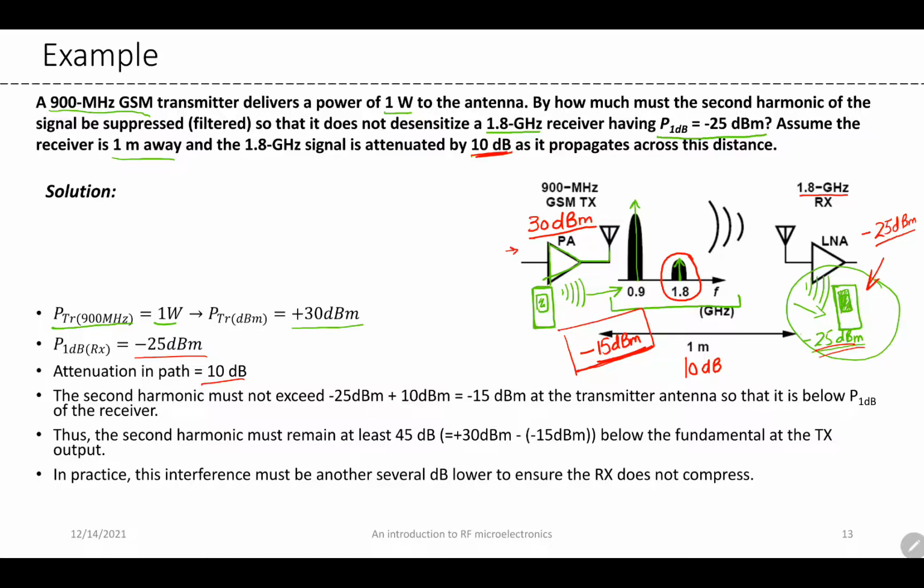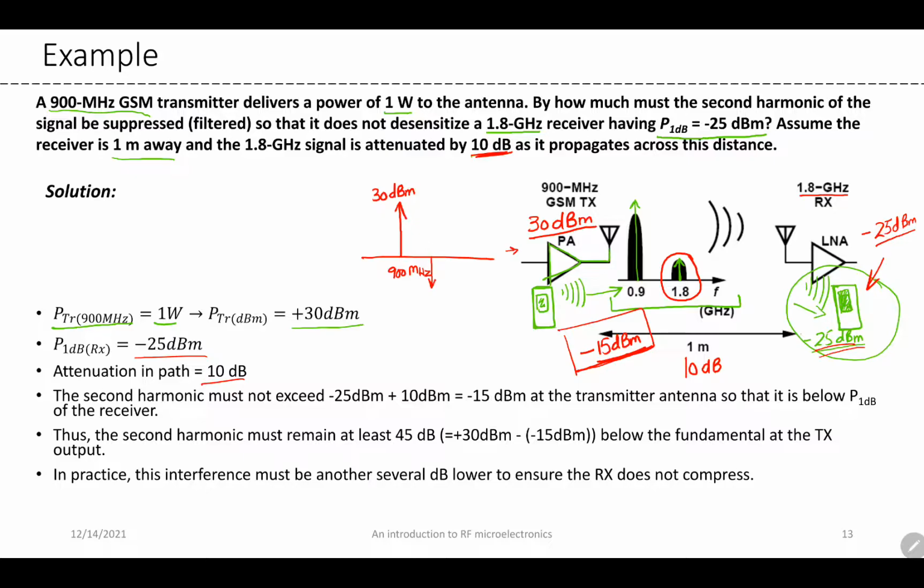If we look at the fundamental, which is 900 megahertz, this is at 30 dBm, right? And the second harmonic should be minus 15 dBm.